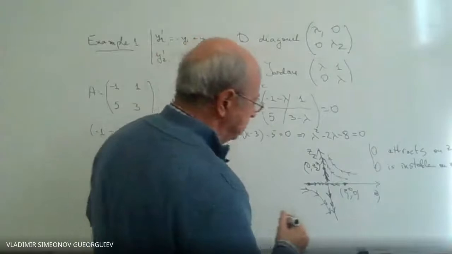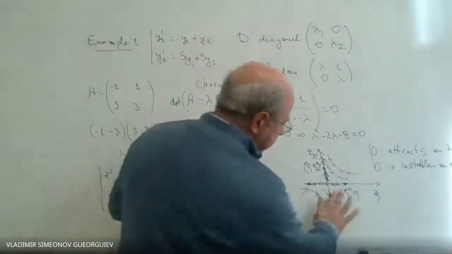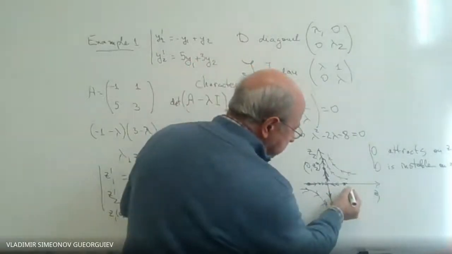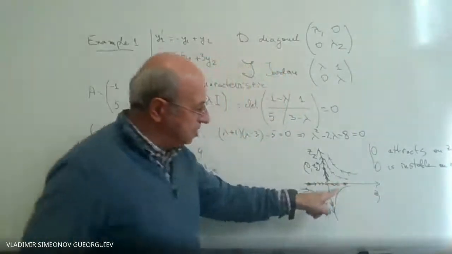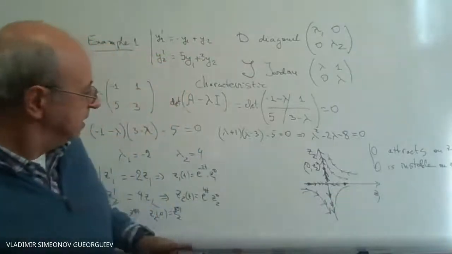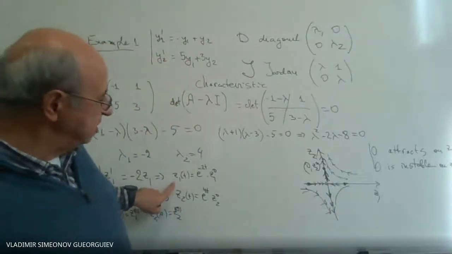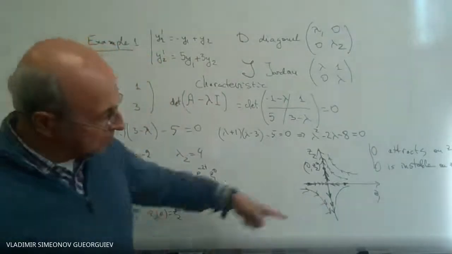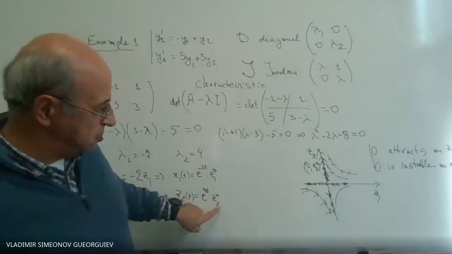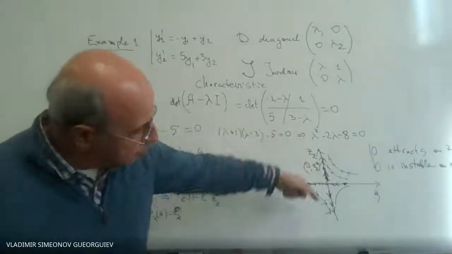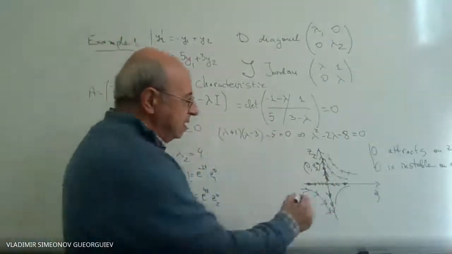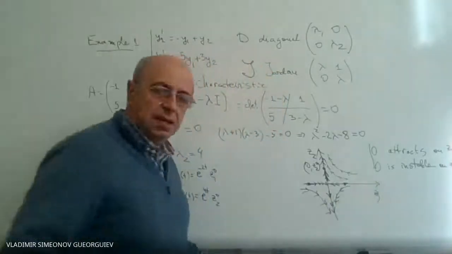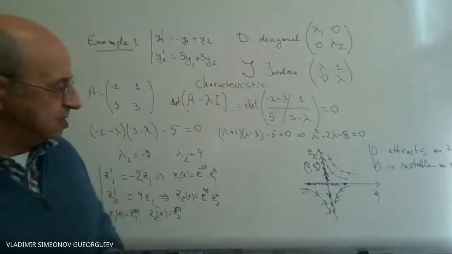And then we build all the curves. For example, if I want, for a moment, I shall clean this now. And we can build the curve here. Again, you can say, if you start from here, Z1 shall be decreasing, so we have it in this direction, while Z2 is decreasing because this is negative. Therefore, we have such a curve. And then the arrows are subordinate to the arrows of our axes.